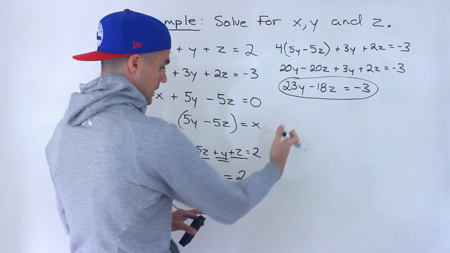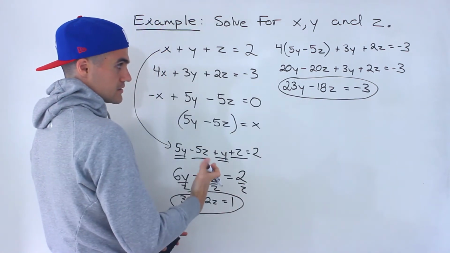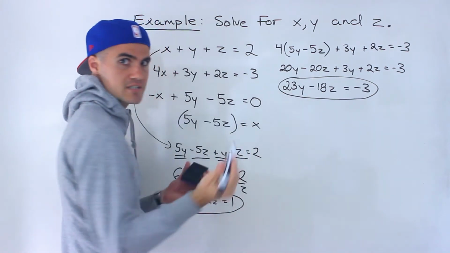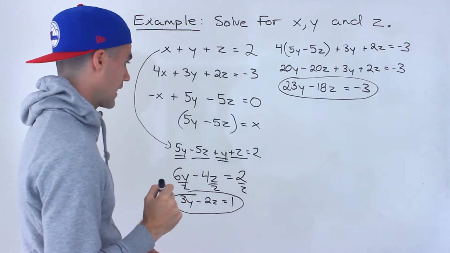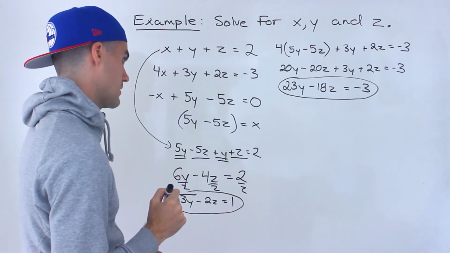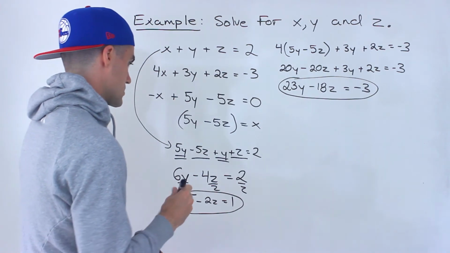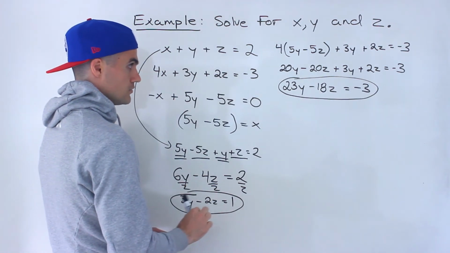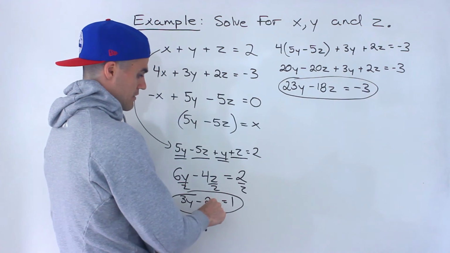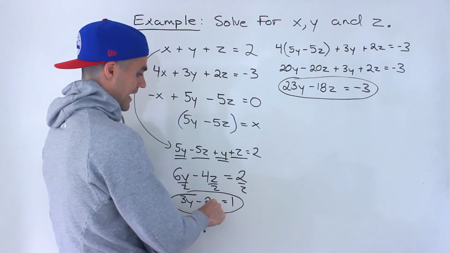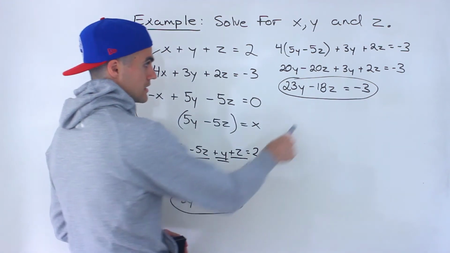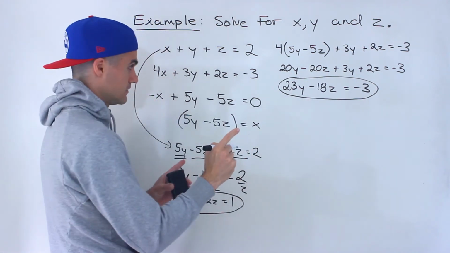So now what we can do is solve for these two variables, y and z, with substitution or elimination. And I'm going to use elimination. So what I'll do is multiply this by 9 to get the coefficients in front of the z the same.